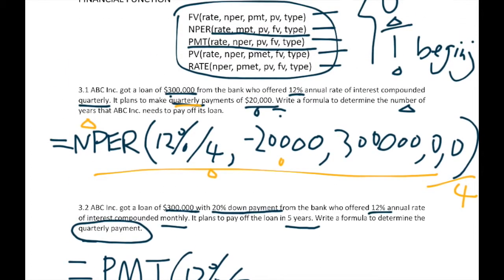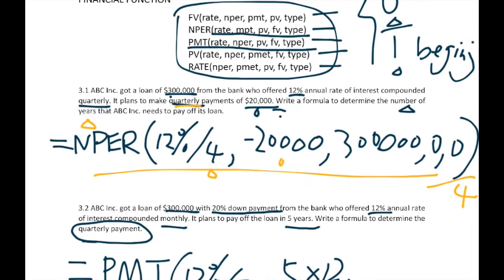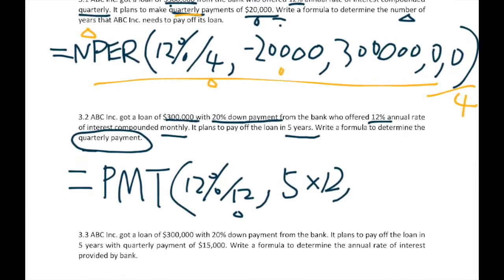Then the second part is NPER. We have 5 years, but since our rate is monthly, we want to times by 12 too. And then the present value. The present value should be 300,000 times 1 minus 0.2.